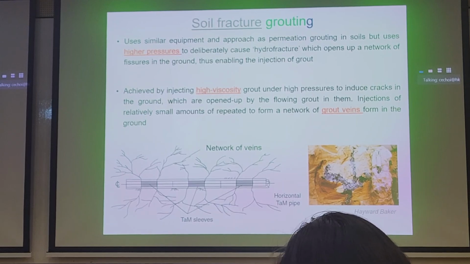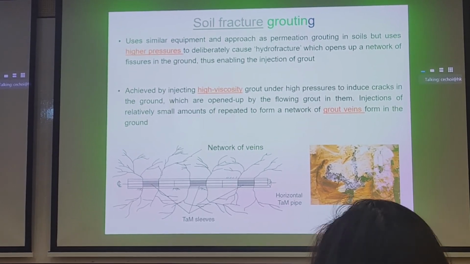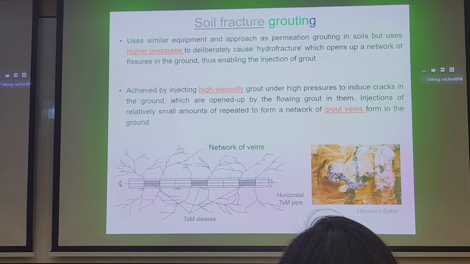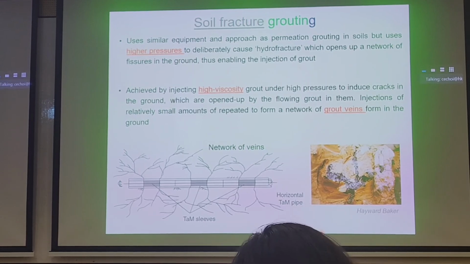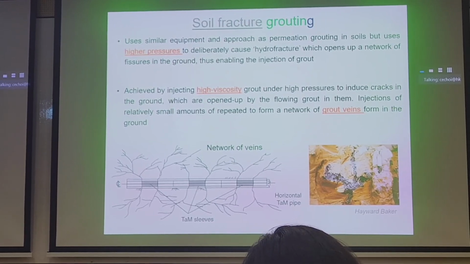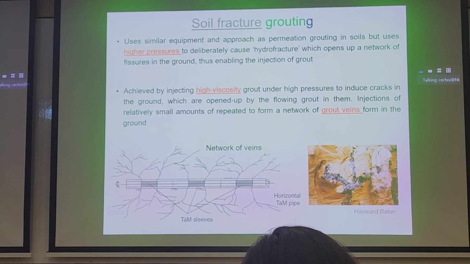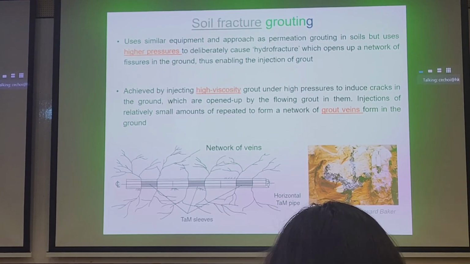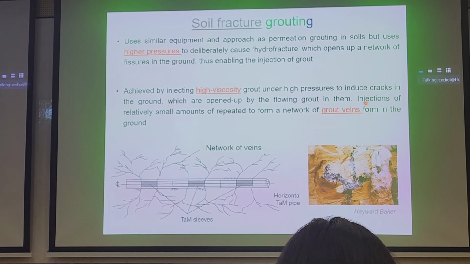The high pressure is to form the crack, and the high mobility is to ensure that the grout is not too viscous, so it can travel quite far through these fissures that we form from the high pressure. We can inject through the same TAM sleeve again and again, cause cracks, and create a network of veins until we compensate enough of the ground that we're interested in. So this is soil fracture grouting.